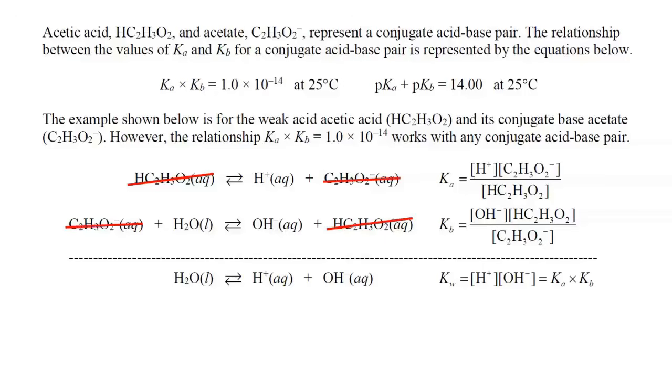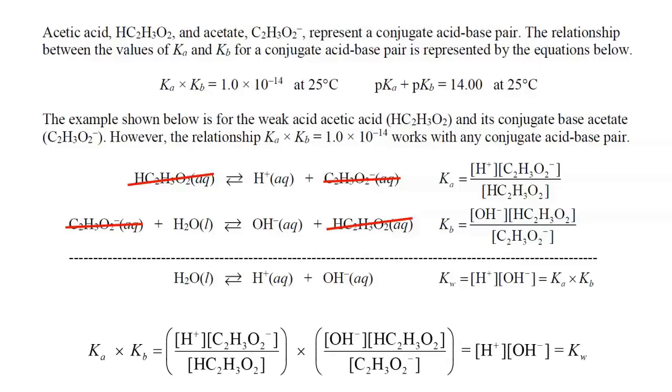And so when I add these two equations together, what I get is the autoionization of water, which has the equilibrium constant Kw. So what I'm showing you on this slide is that when you have Ka and Kb, the product of Ka times Kb, which is what you get when you add two equations together, you multiply the equilibrium constants together, Ka times Kb equals Kw.